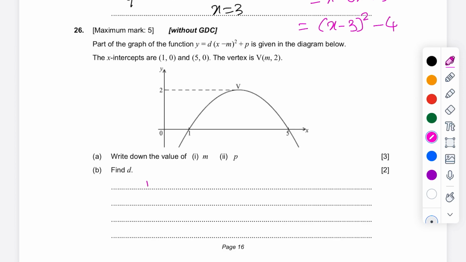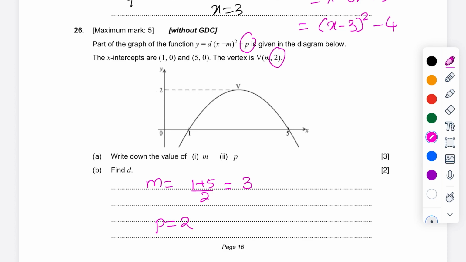So m will be the midpoint, which is (1 plus 5) divided by 2. 6 divided by 2 is 3. So m is going to be nothing but how much? 3. Now p. So p is going to be the y coordinate of the vertex, which is p equals 2.